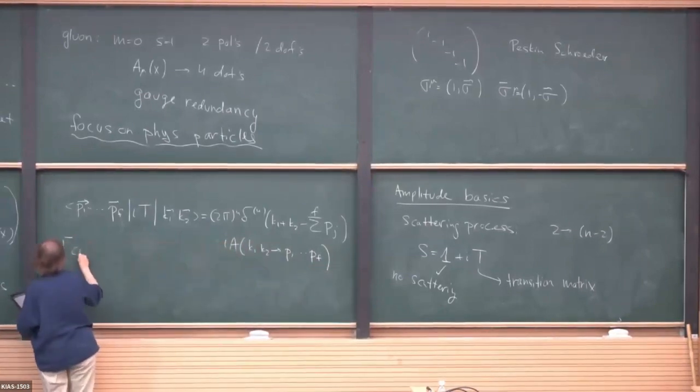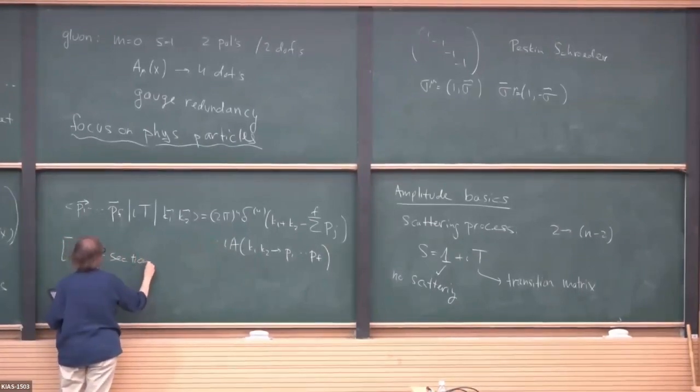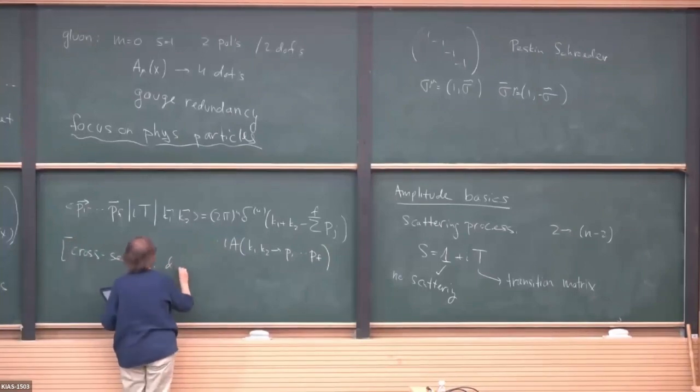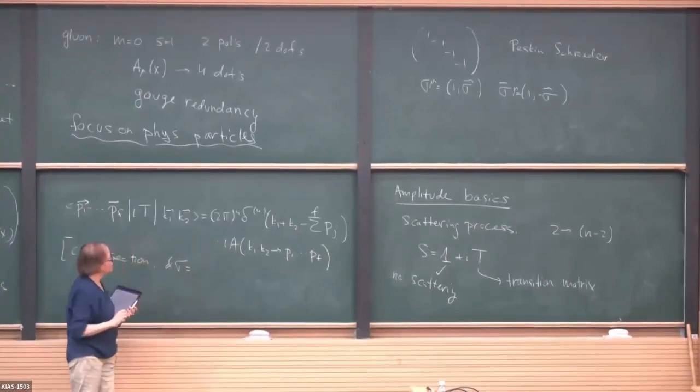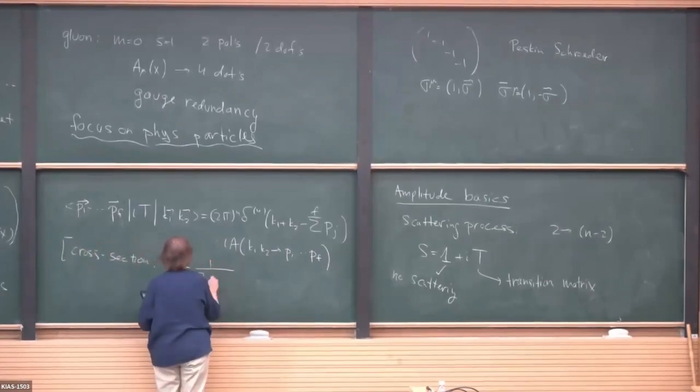And at the end of the day, what we want to do is calculate a cross-section. The cross-section sigma is related to the amplitude absolute value squared. There's some kinematic factor here.